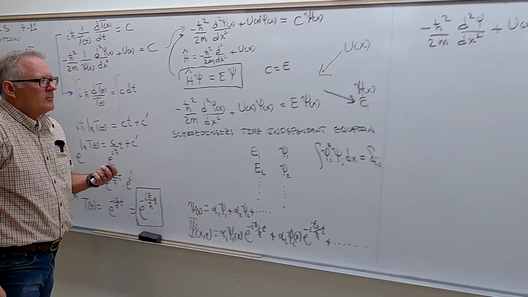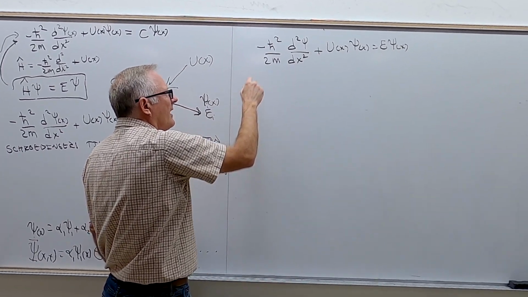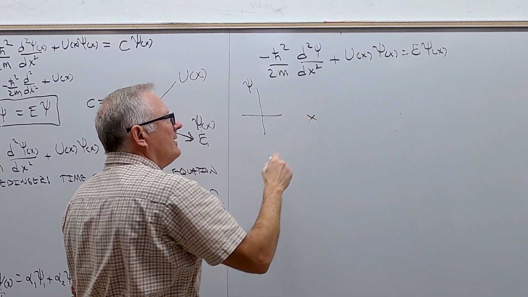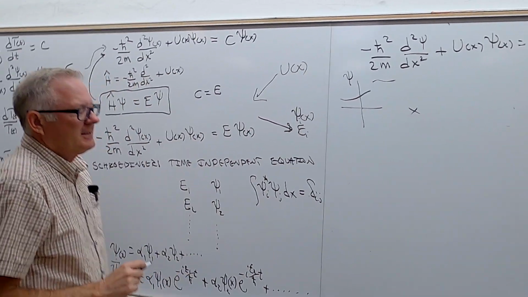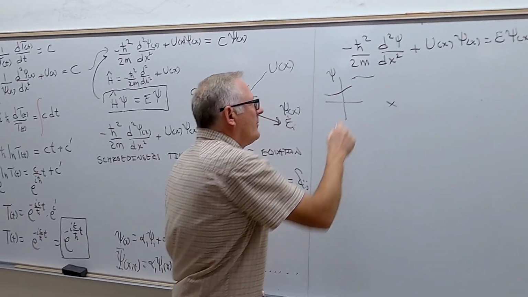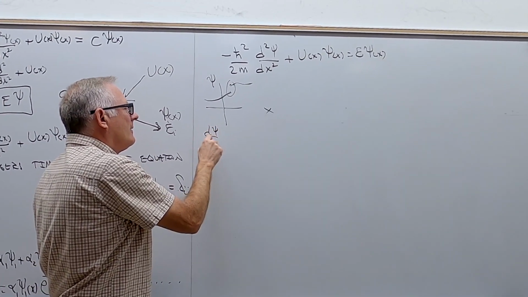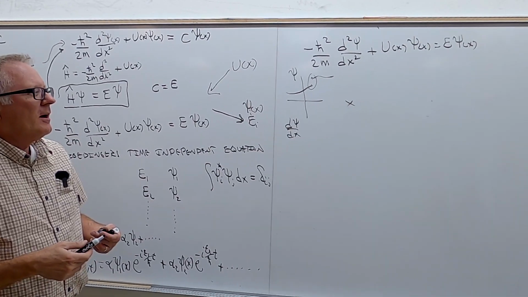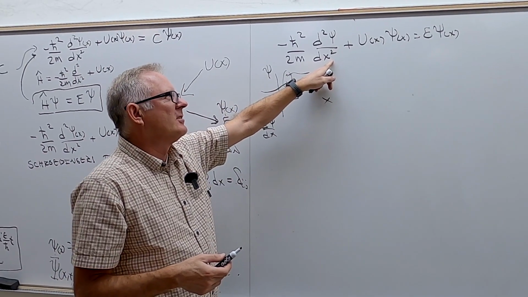Now, when we solve for psi right here, remember psi is a function, it's what we're trying to find. If you were to plot out psi as a function of x, first of all, psi can't be like this. It can't be discontinuous. It has to be a continuous function. Why? Because if it was discontinuous right here, d psi dx would be like infinity, and when you took the second derivative, it certainly isn't going to be a finite number.